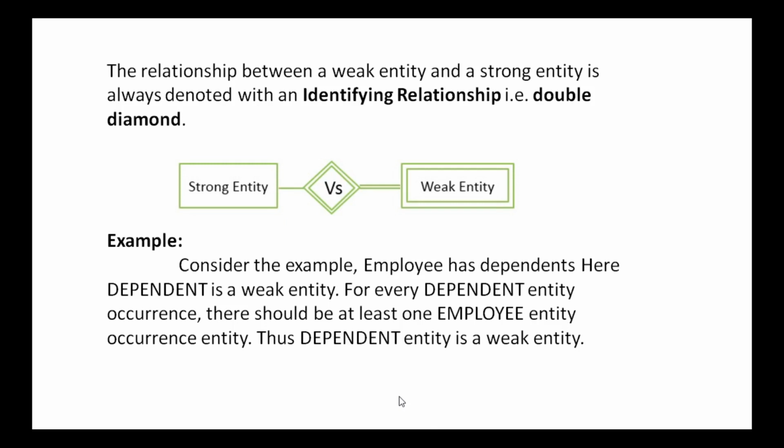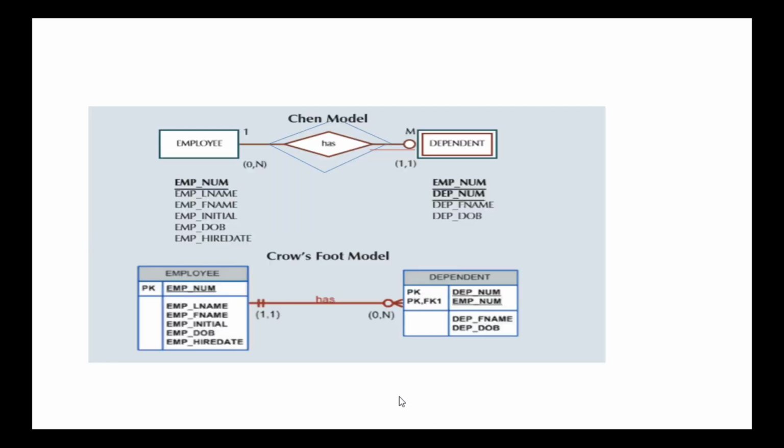That means for every dependent entity occurrence or record, there should be at least one employee entity occurrence. That's why the dependent entity is called a weak entity, and the employee entity is called a strong entity. Let's go through this example.